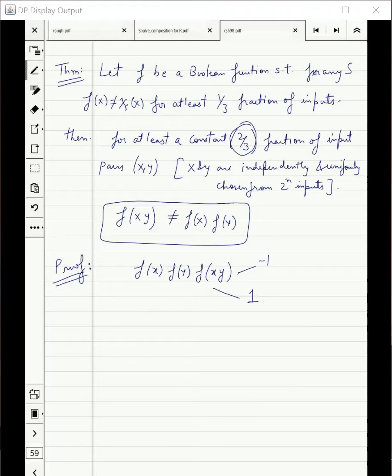That would be (1 - f(x)f(y)f(x+y))/2. We take XOR, f(x) XOR f(y) XOR f(x+y). When you're thinking of XOR, you are thinking of 0, 1 variables. So do you agree that this will do the trick?